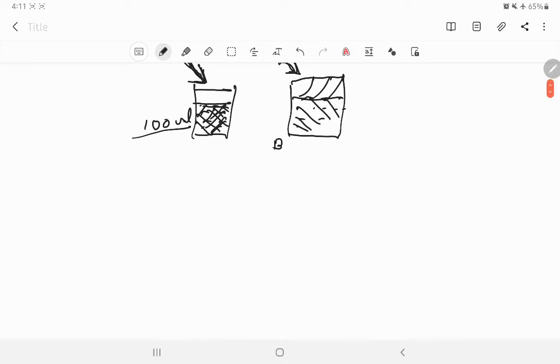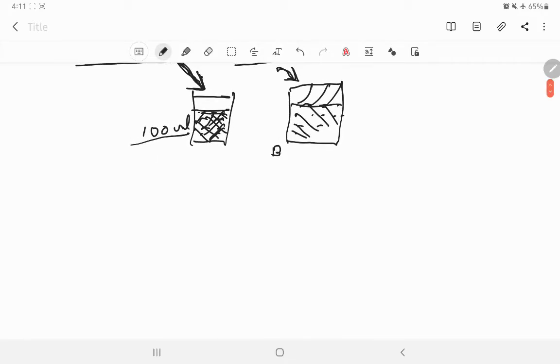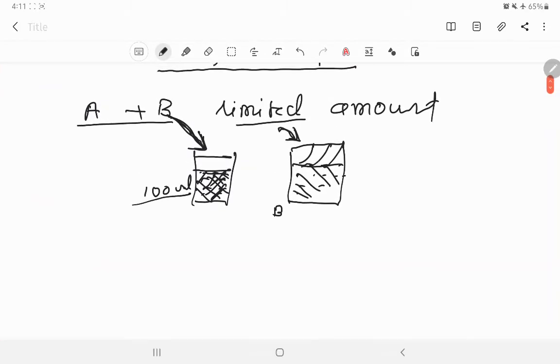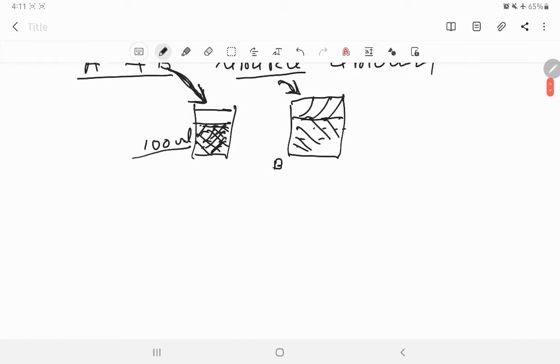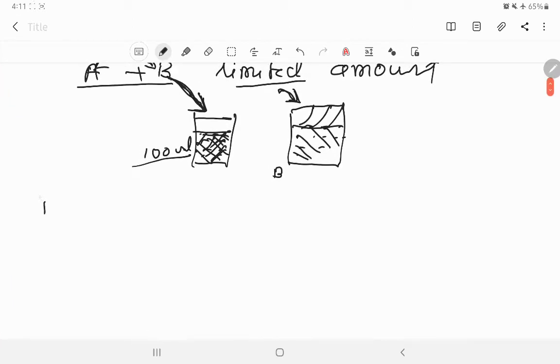Okay, on the basis of mutual miscibility, meaning miscibility of A with B as well as B with A, there are three types of partially miscible liquid pairs.